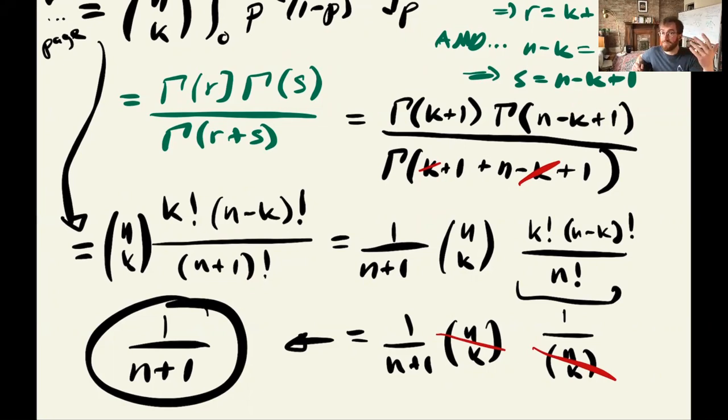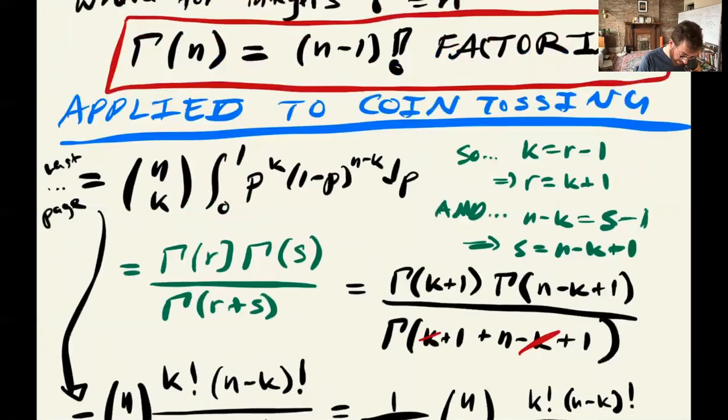So this ends up being a uniform distribution on the possibilities of getting k heads. It's weird, but that's exactly what happens because we don't know what the probability of heads is. By aggregating over all of our biases, it ends up canceling out, giving us a uniform distribution. I find that really, really strange.